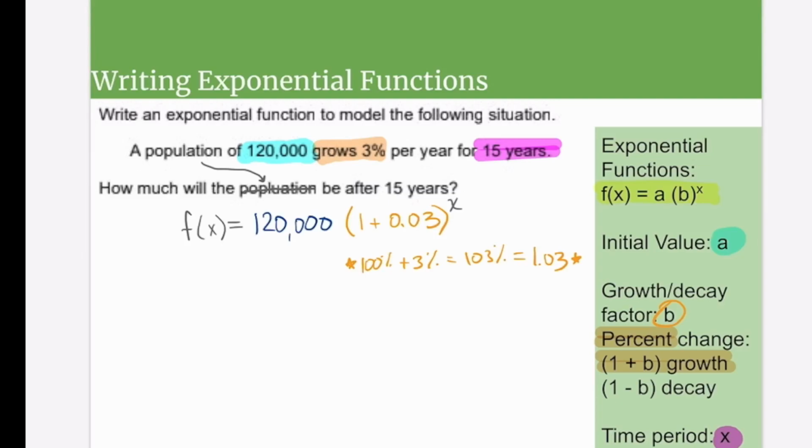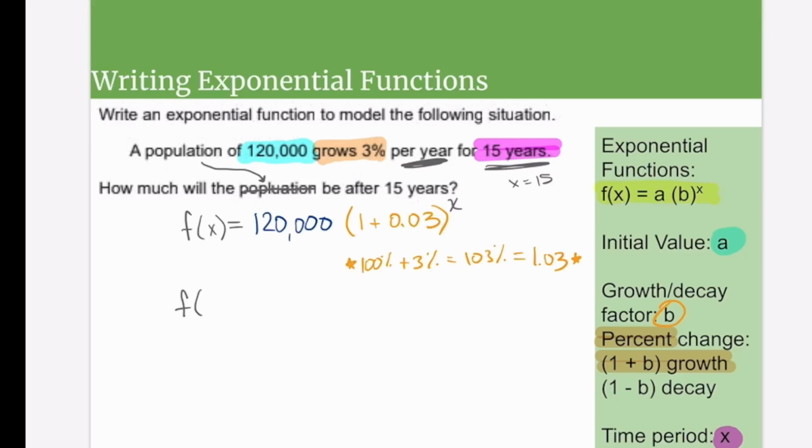So this 3%, because it's per year and the time is 15 years, that's why we can actually plug in x is 15. If it's telling you a number of months, you would have to convert that into years. So our function now, this is our basic exponential function regardless of what time period they give us.